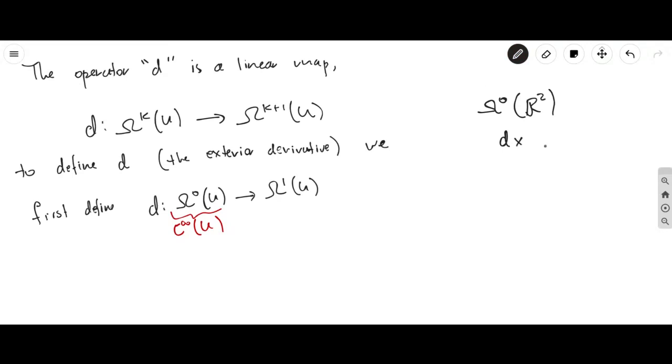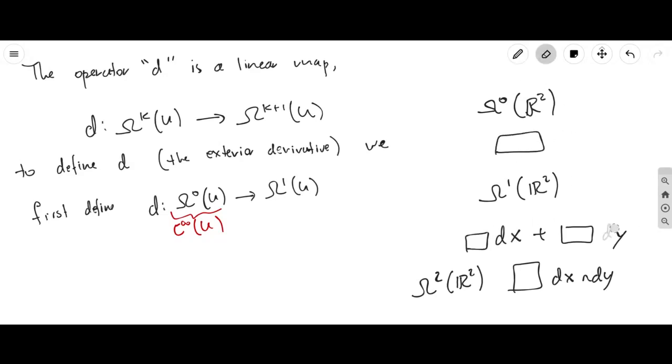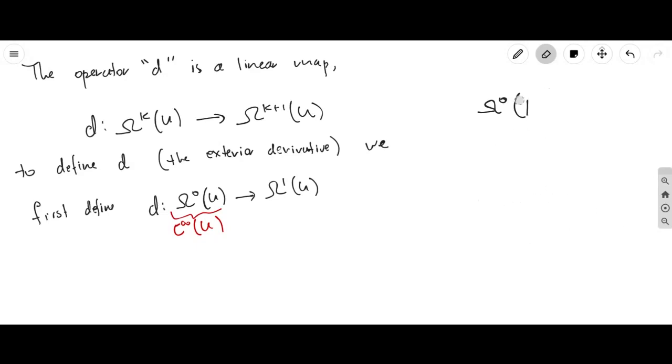We have 2 differentials that generate the algebra, dx and dy. If we have a 1 form, then we can take dx with a function, and then another function with dy. If we have a 2 form on R2, we would take dx and dy, and then a smooth function as a coefficient. But if you have a 0 form, you're choosing none of them. You're just choosing a function, but not any of these differentials. And so that's why 0 forms are just smooth functions.